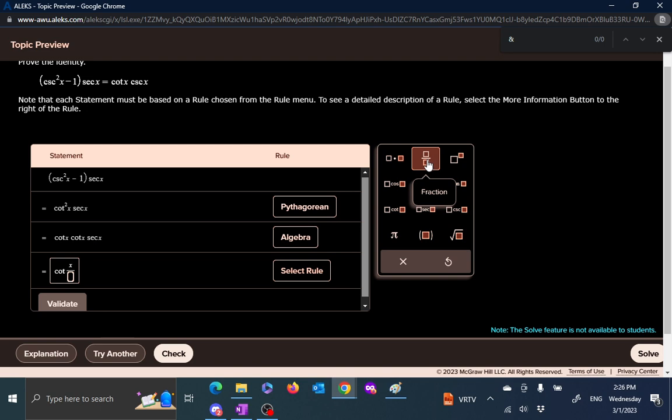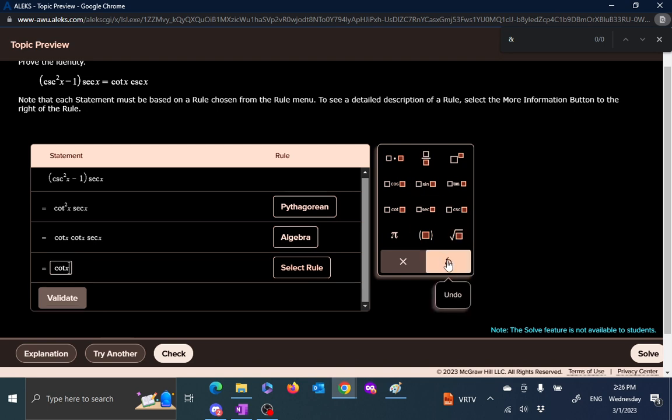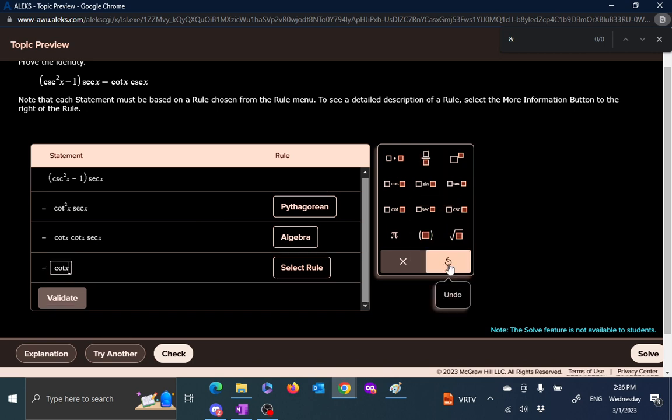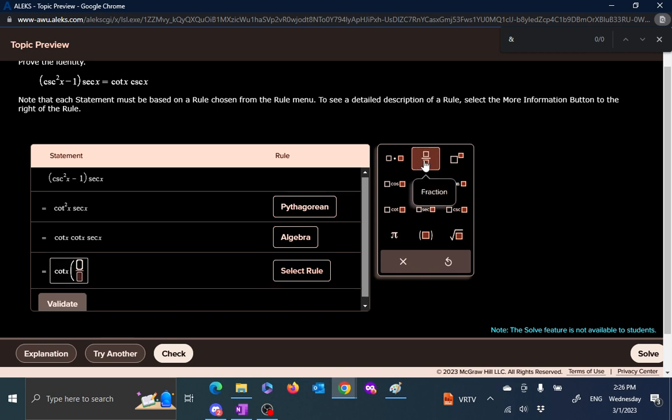Well, it wasn't helping me out, so let's do a parentheses. So I do a parentheses and then I will do my fraction.